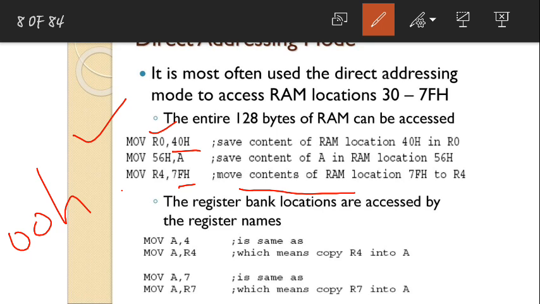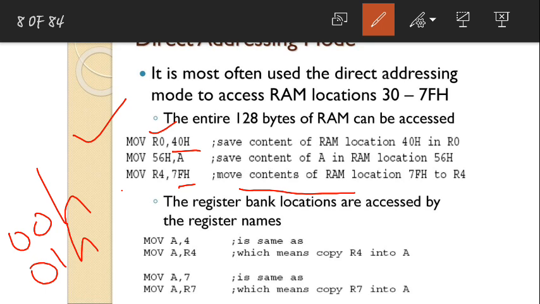In those 4 banks, registers can be addressed with the name and also with the address. So 00H is nothing but R0 of bank 0, 01 means R1 of bank 0. In this way we can store the value into that address using its name or using its address.